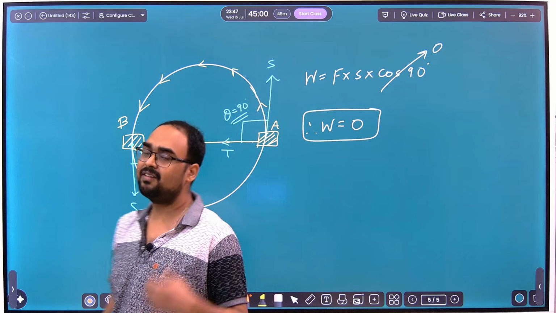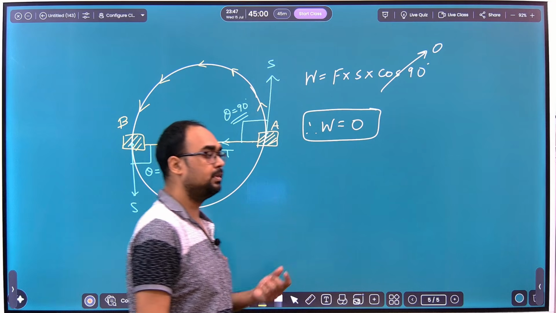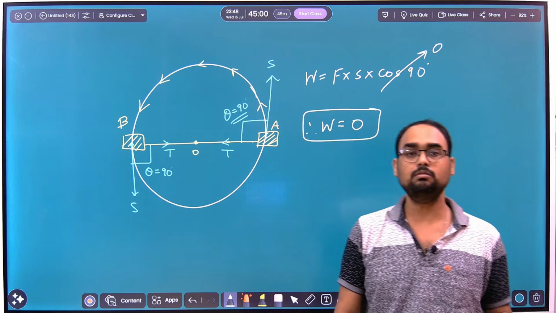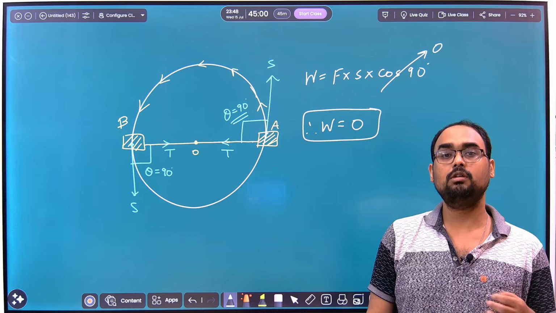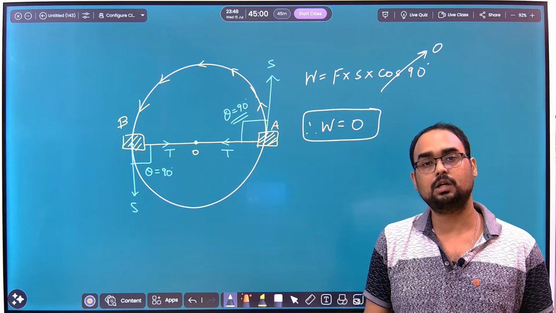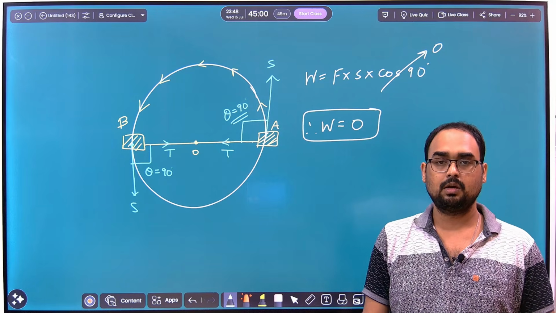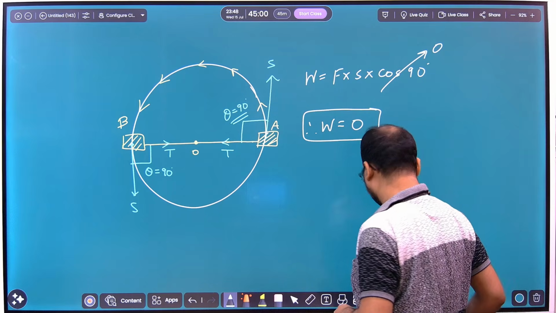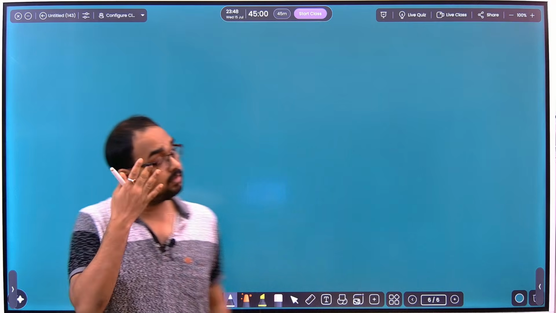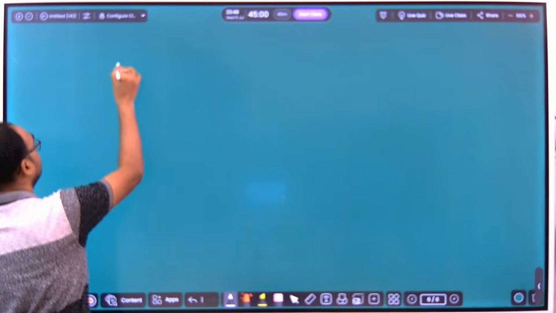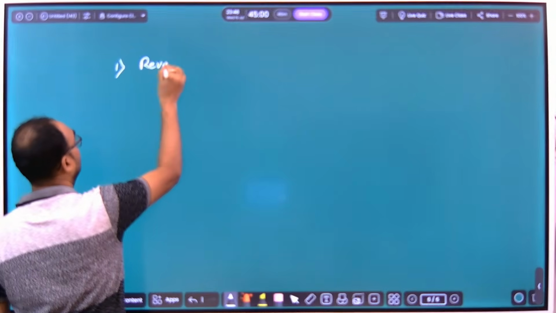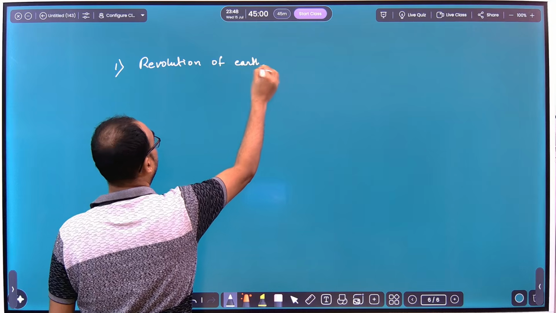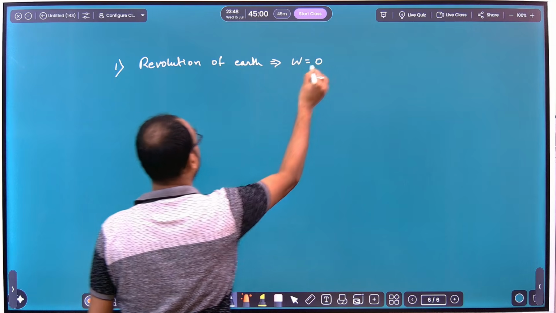Okay, so we have many examples of this. For example, Earth revolving around the Sun, work done 0. Electron revolving around the nucleus, work done 0. I will just write the examples for you so that you can get a clear concept. Number 1, revolution of Earth, work done 0.